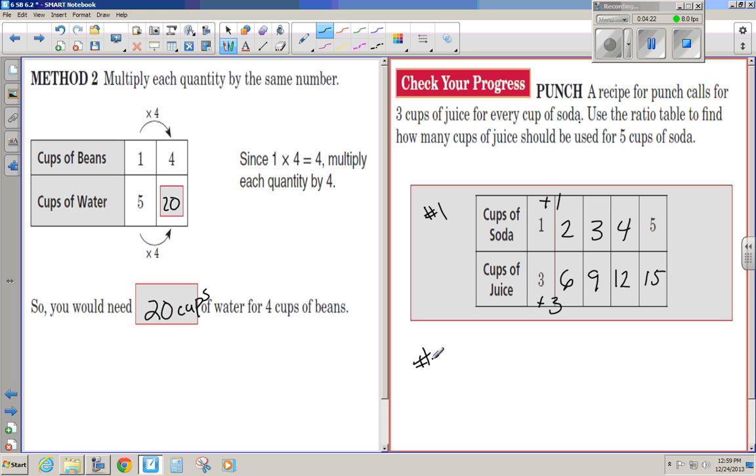Method 2 would have us take a look at 1, 3, and 5 and say, what do we multiply by? Well, here you would multiply by 5. So here you would multiply by 5. 3 times 5 is 15. So using the ratio table, we would need to have 15 cups for 5 cups.